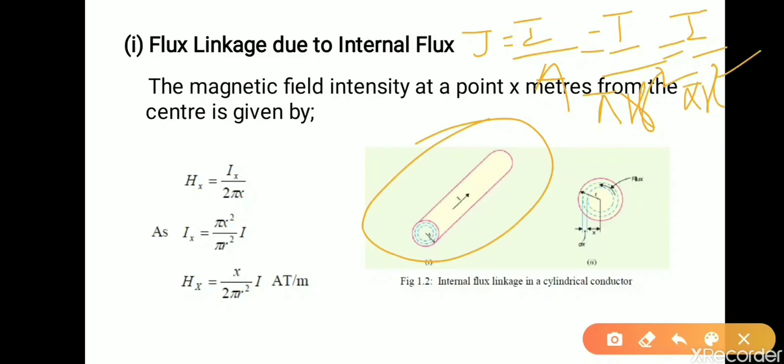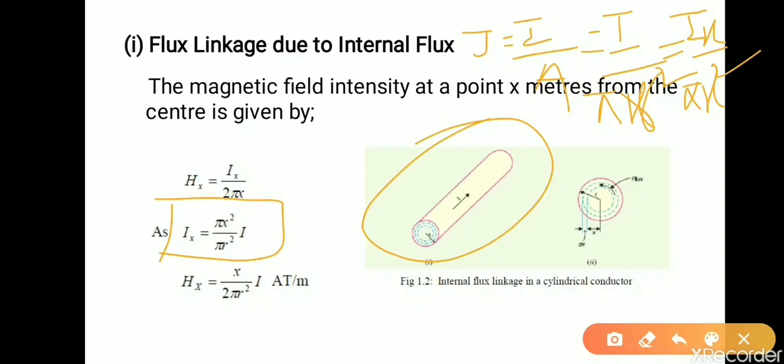From this we will obtain I(x), the total current flowing inside the conductor, equal to πx² by πr² into I.